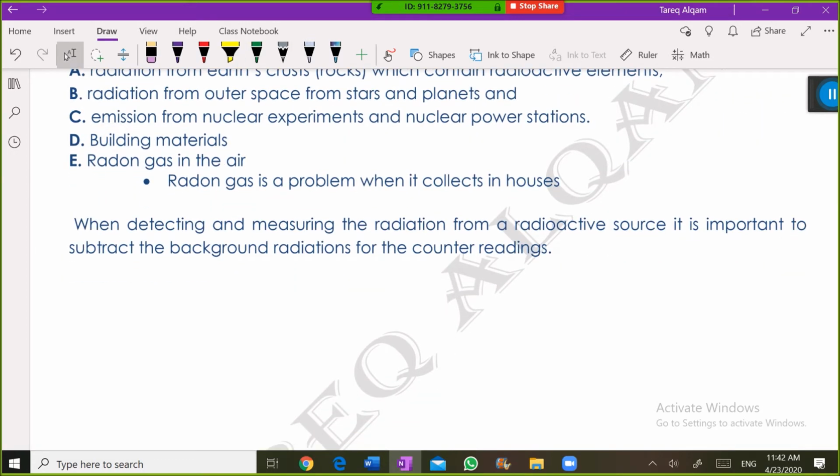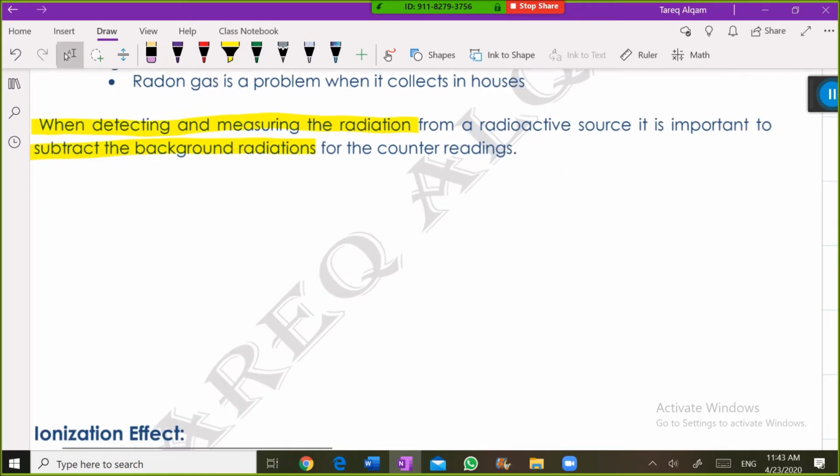Guys, when we detect and measure radiation, the first thing we have to do is subtract what? The background. We have to subtract the background. For example, he placed a detector here. This is a detector.